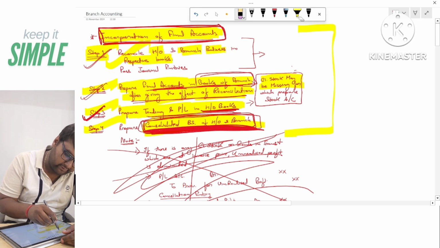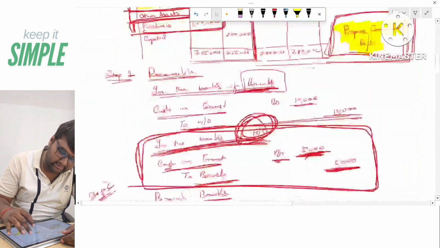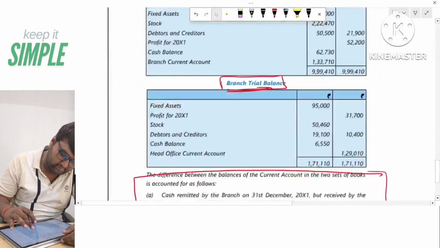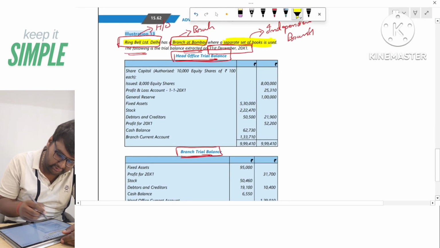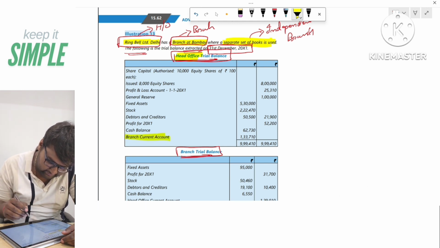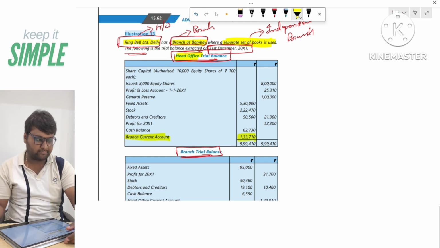See, our very first step was to reconcile. So we'll check there. In the books of head office, the branch current account has a balance of 1,33,710.